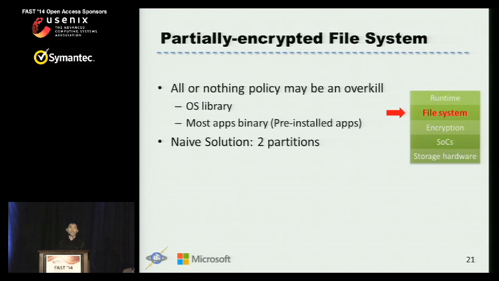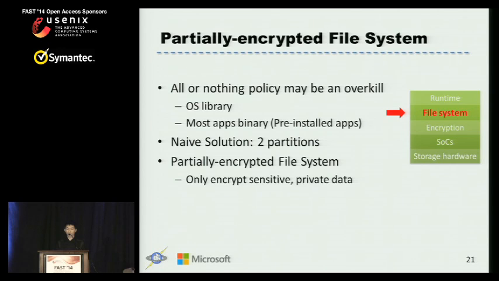A naive solution is to specify two partitions on your file system. The first one is for encrypted data, and the second one is for unencrypted data. But there's a big problem with that. You need to specify the size of each partition when you format the device, and after that you cannot dynamically change it. So we are exploring the possibilities of using a partially encrypted file system.